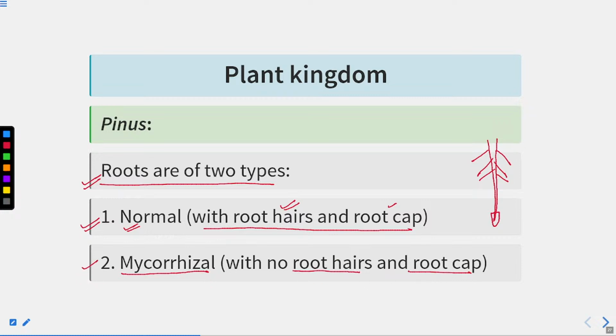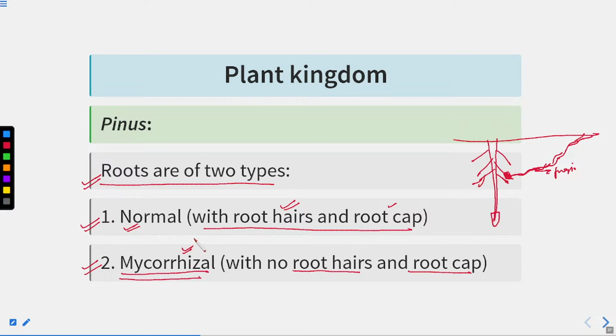Now what happens in this type of root? They form an association with some fungi. The fungal hyphae come from a long distance and make an association with the roots of Pinus. This is called a mycorrhizal association.